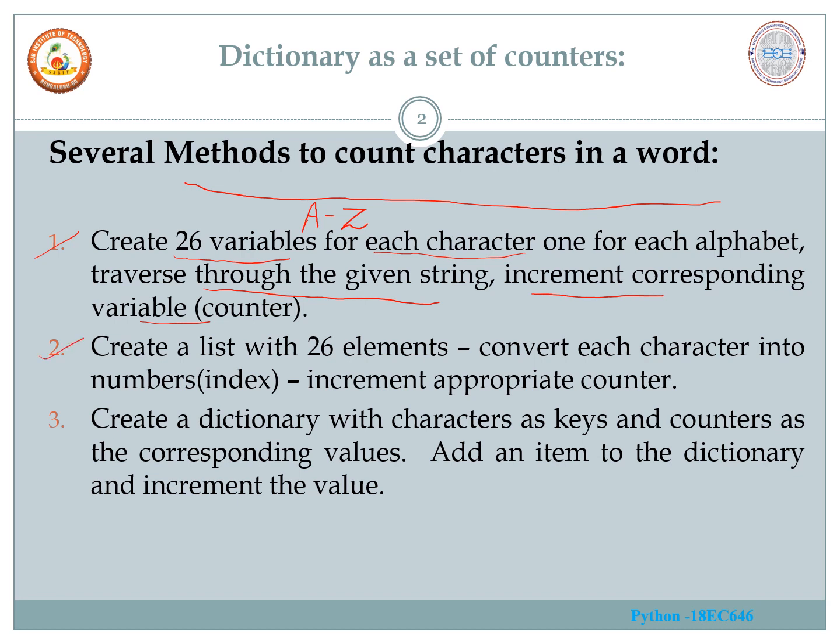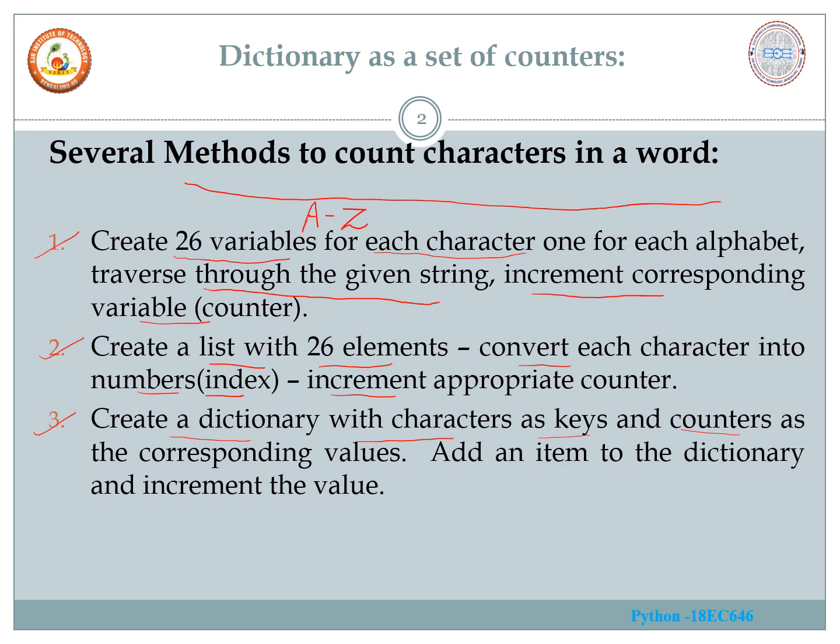Second, you create a list with 26 elements, convert each character into a number which serves as the index, and increment the appropriate counter so that you can count how many characters there are in the given word. Third way is to create a dictionary with characters as keys and counters as the corresponding values.